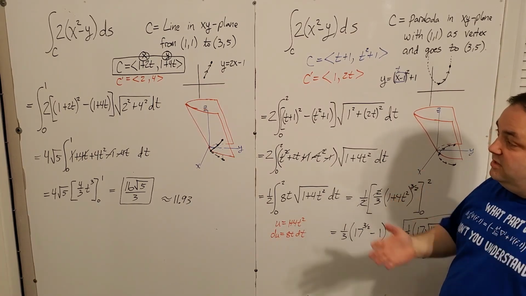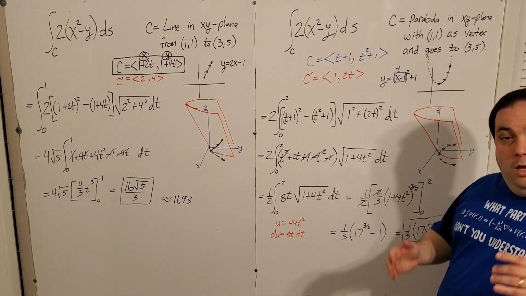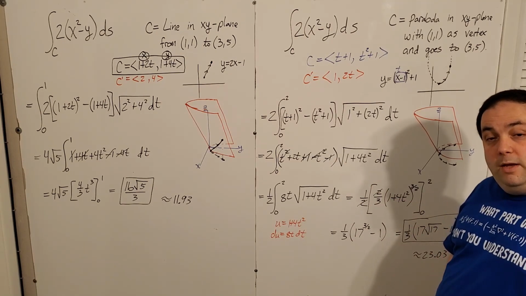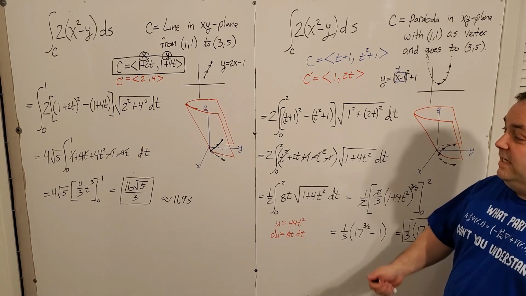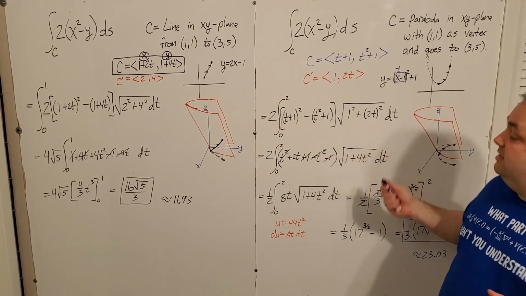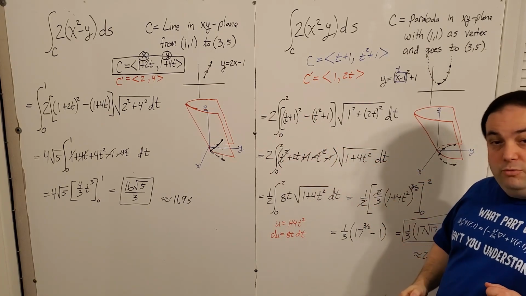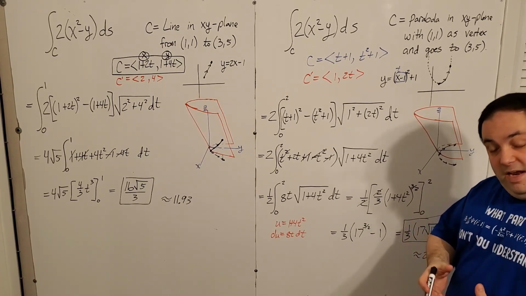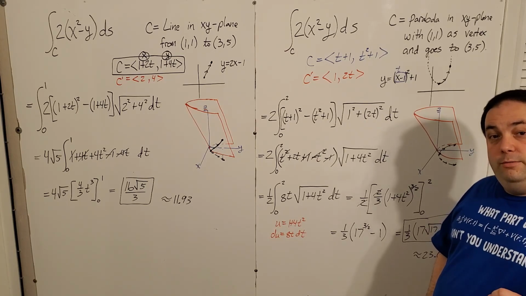Now, some integrals that we do, if they have the same beginning and ending points, it'll always give you the same value. We have a special category for those. We'll talk about it in the next section. But in general, it's not guaranteed, as you can see, just because I have the same beginning and ending boundaries. The curve itself is important. The fact that I'm integrating along a certain path does actually matter.